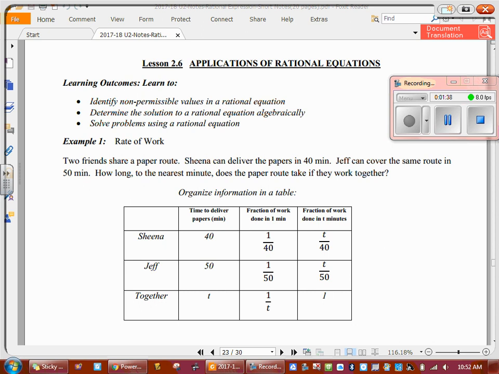So for example, if we were filling a pool with 2 different hoses, filling the pool is 1.0, that is a full pool. So the right-hand side of your equation is always going to equal 1.